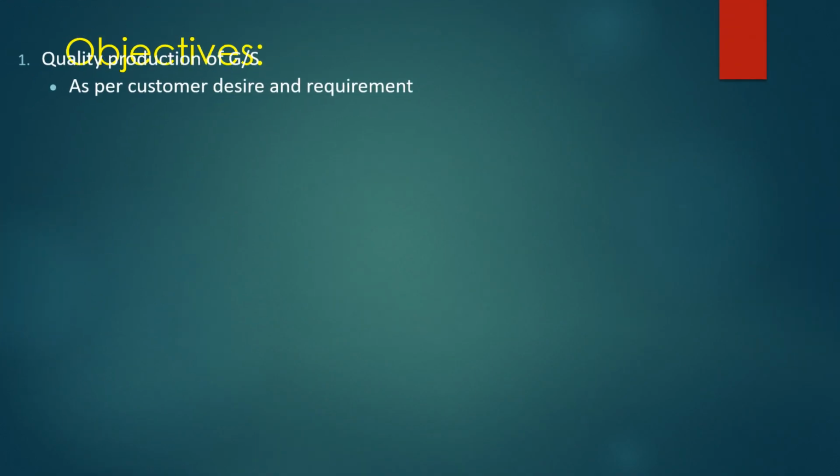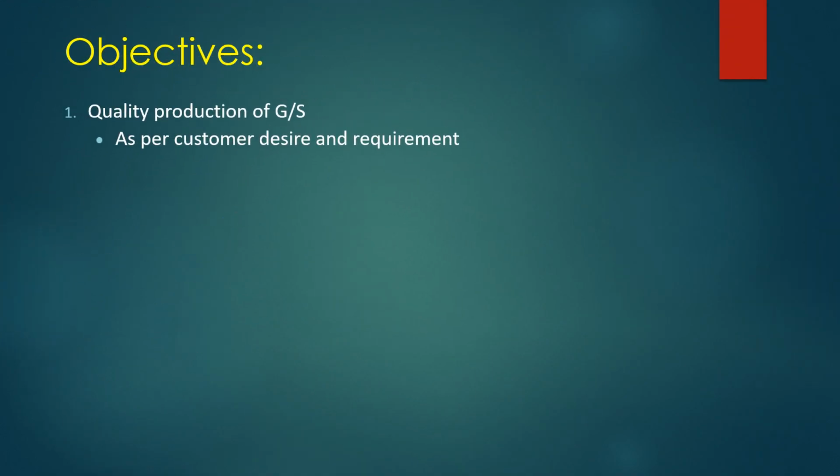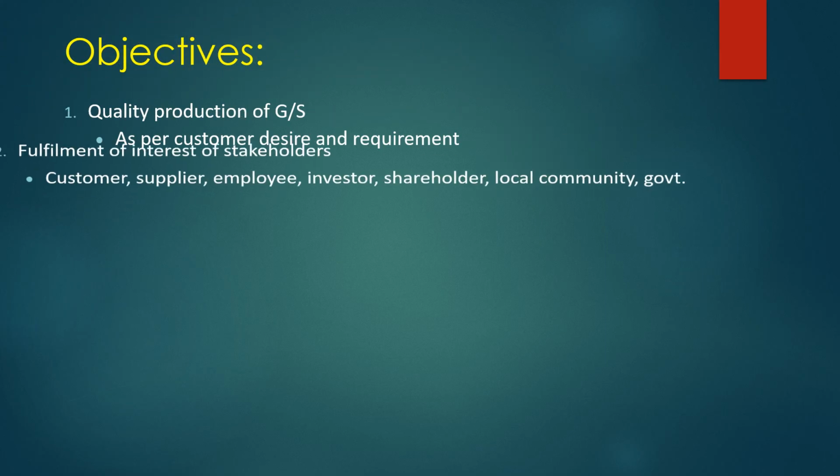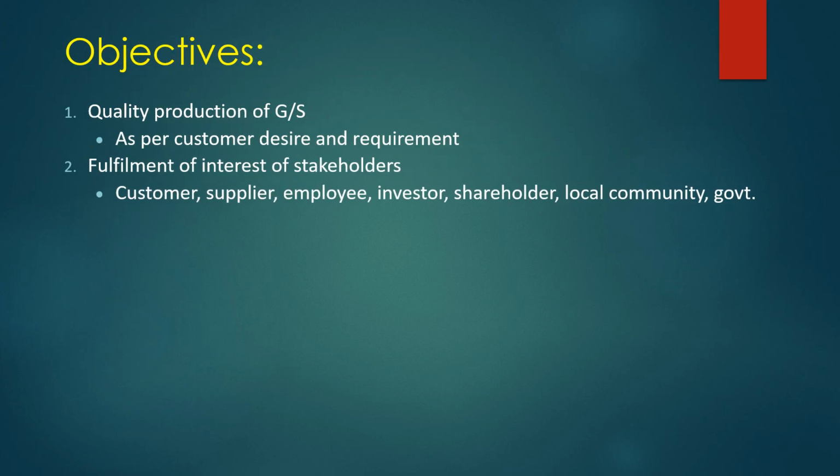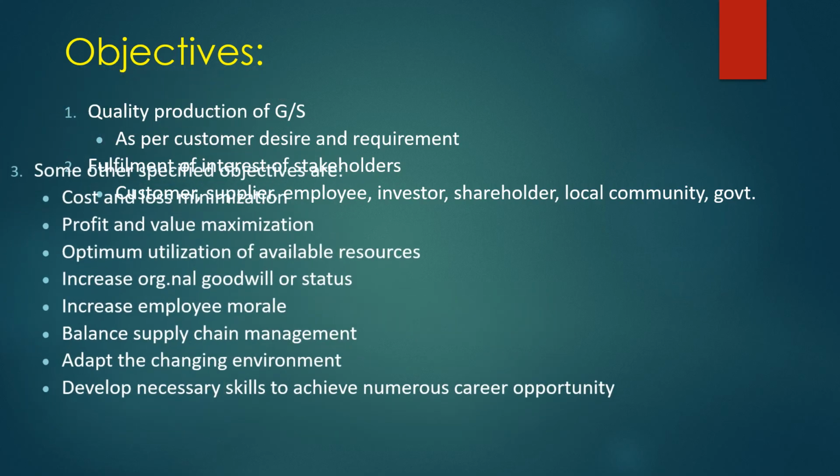Next, we have objectives. There is the objective of operations management for quality production of goods and services as per customer desire and requirement. Next is fulfillment of interest of stakeholders, which includes customers, suppliers, employees, investors, shareholders, local community, and government.